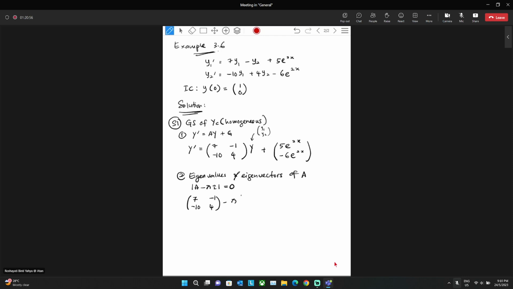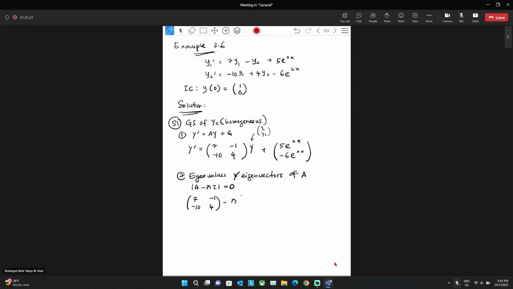Okay. So 7 minus lambda, -1, here -10, 4 minus lambda equal to 0. So for this part, I'm sure you can use this way.